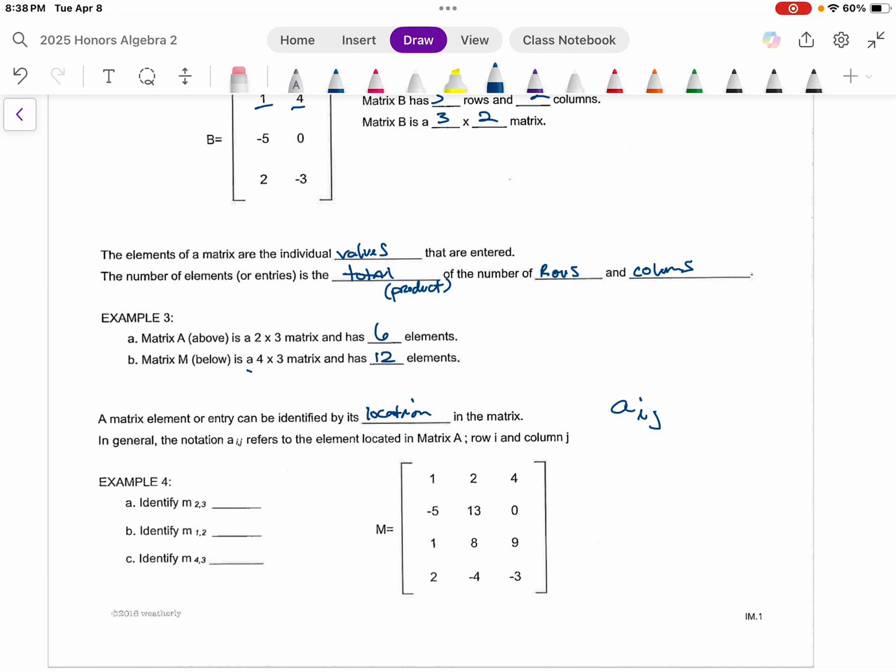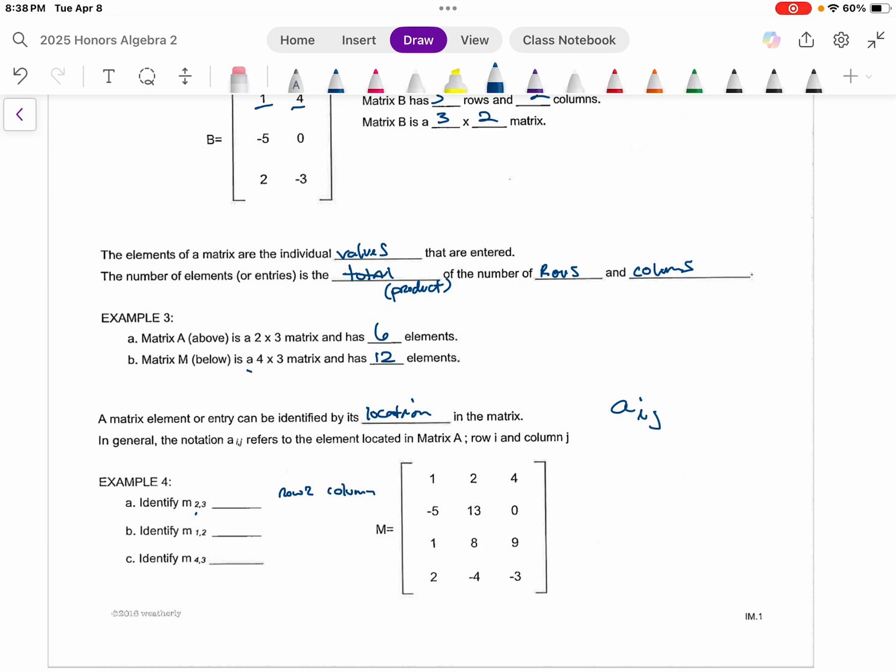So they want us to practice identifying in matrix M what element represents M2,3. That would be, in matrix M, row 2, column 3, what is that number there?